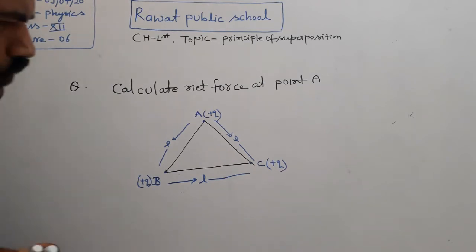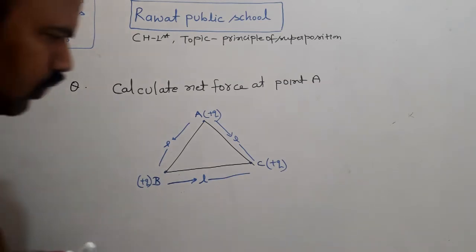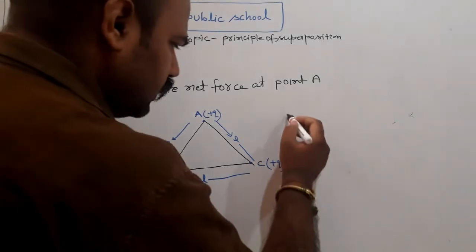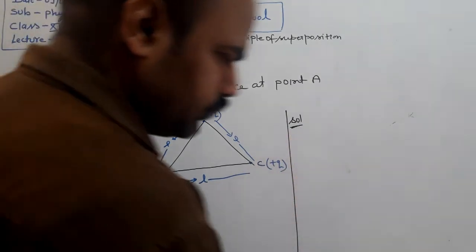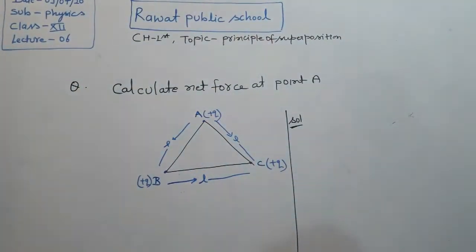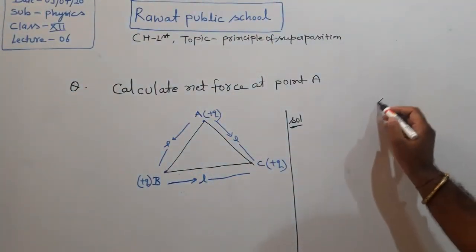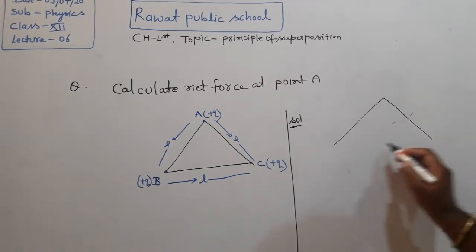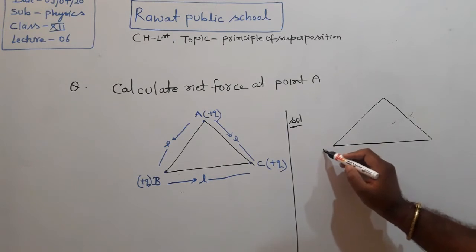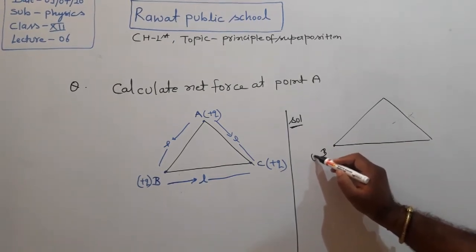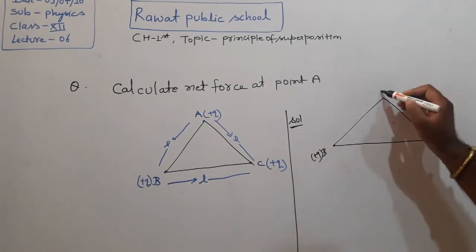So what is our first rule? Draw the direction of force. Here we can solve easily. This is point B. It has plus Q charge.